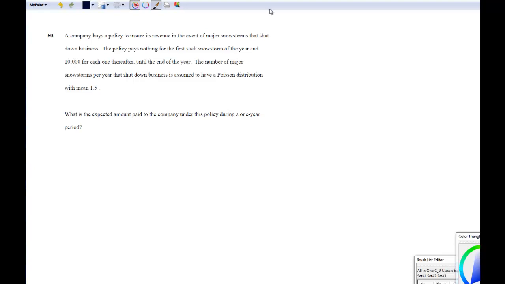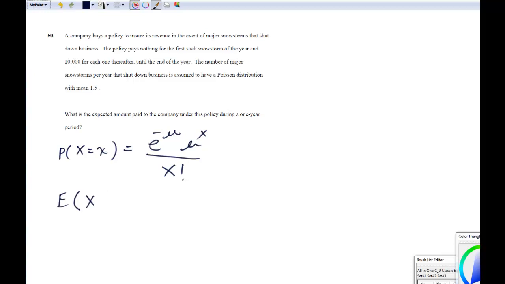So first, let's remember what Poisson looks like. P of x is equal to e to the negative mu, mu to the x, all over x factorial. And the expected value of the random variable is just going to be mu.